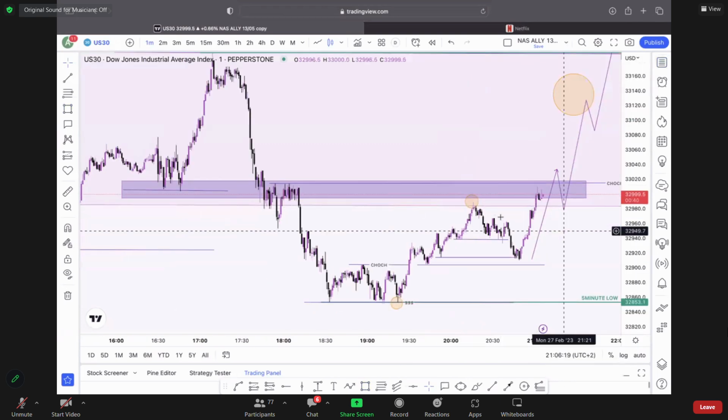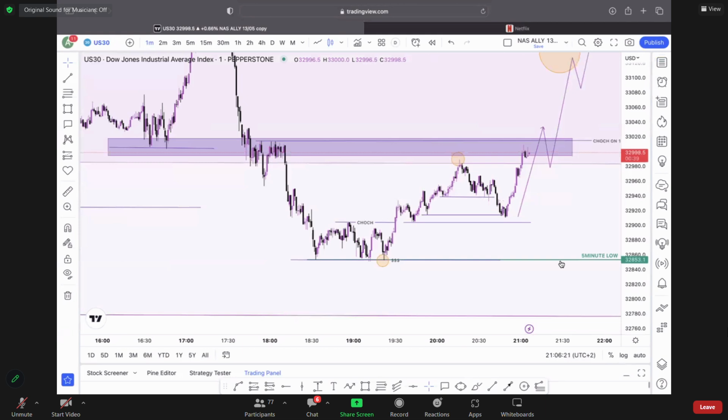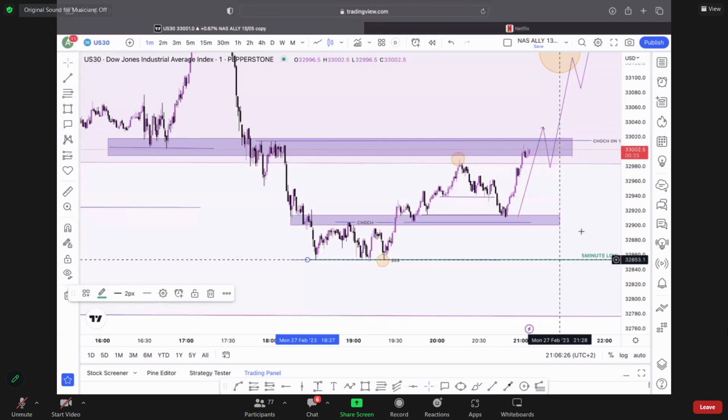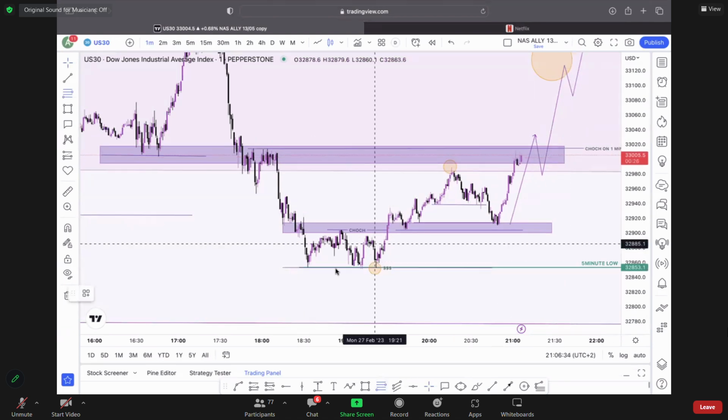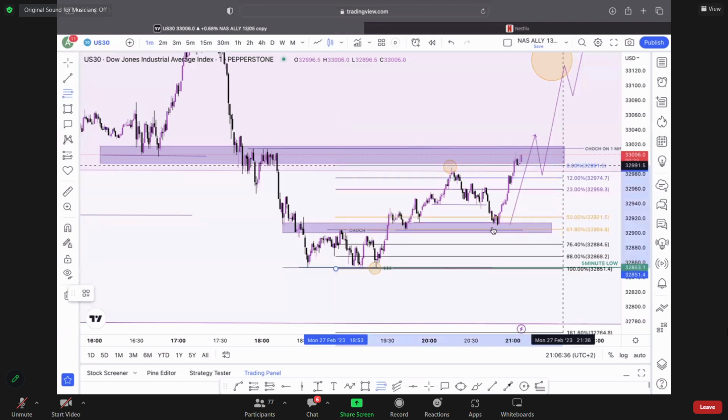So you see from the change of character, when you take your fib from the lowest point to the highest significant point, you get your 50%.